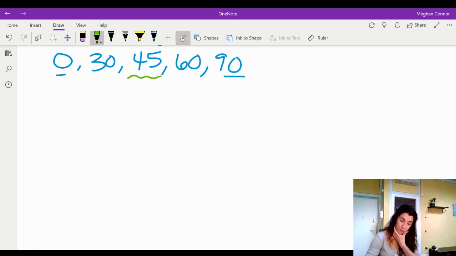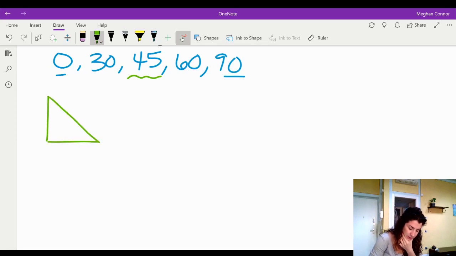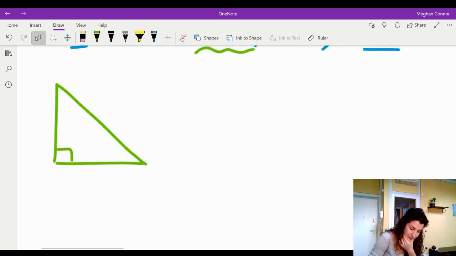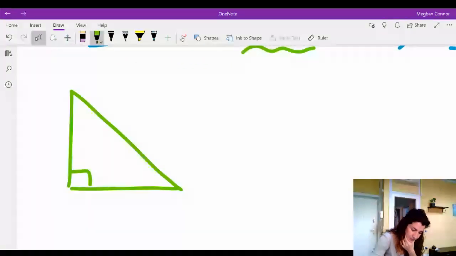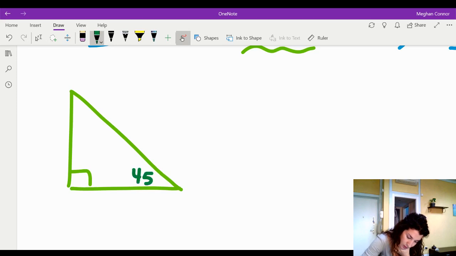If I want to talk about the 45-degree angle, I'm going to draw a right triangle where the angles are 45.